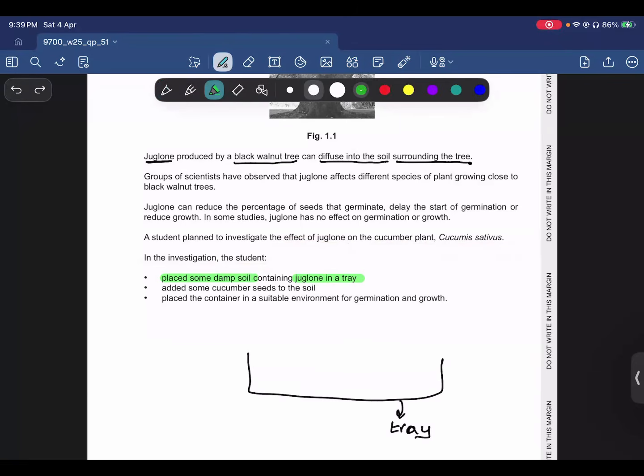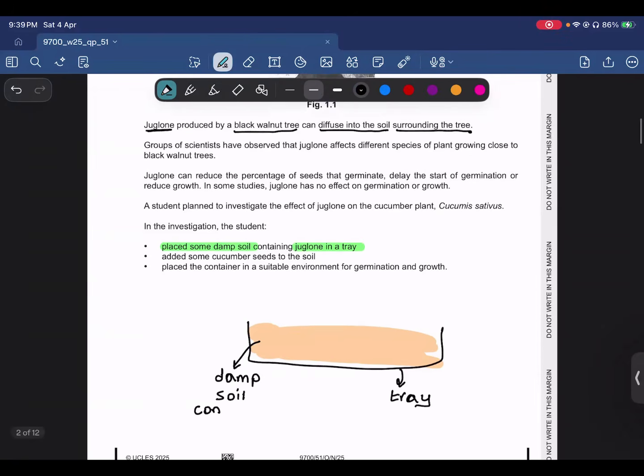Let's try to highlight it. Let's use a gray color. Yeah, for soil. So he just used some damp soil. And did he put the juglone chemical in this damp soil? Could you repeat?